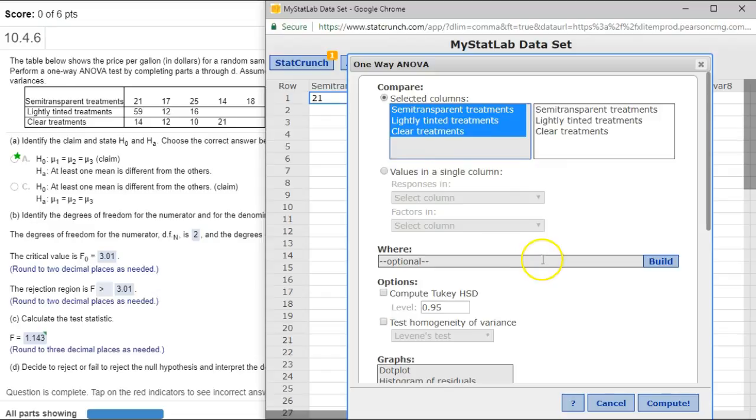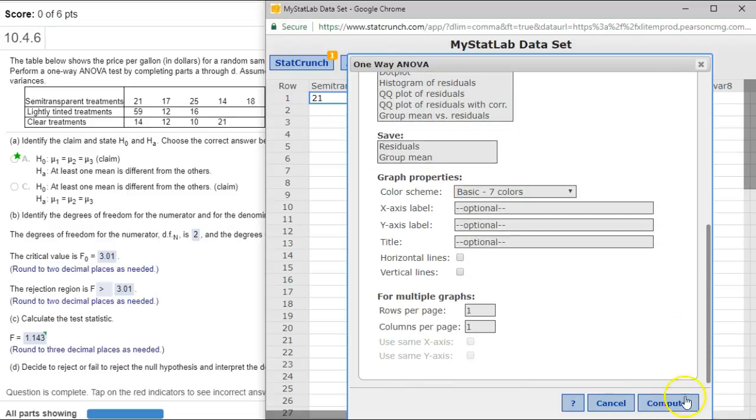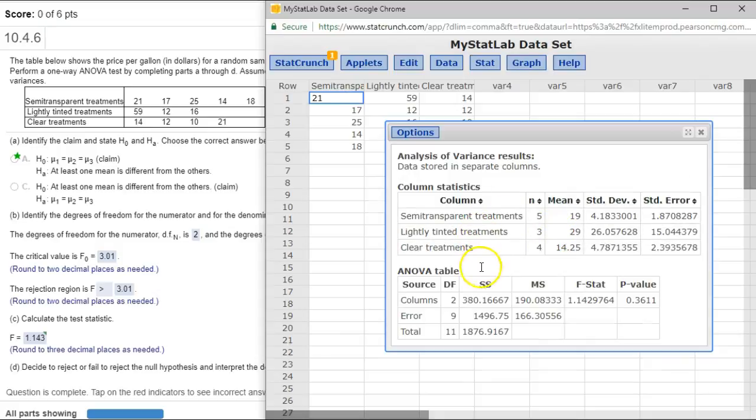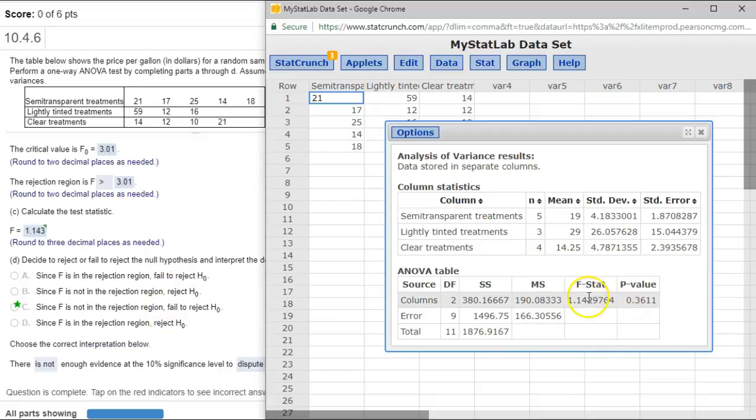Select all 3, hold Control as usual, and I think we just compute from here. Yeah, I think so. All right, so there's the degrees of freedom for the numerator and denominator. There you go. 1.143 right here, F-stat. Okay, so there it is.